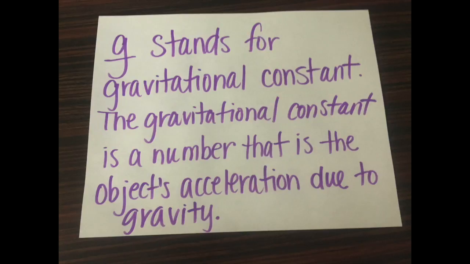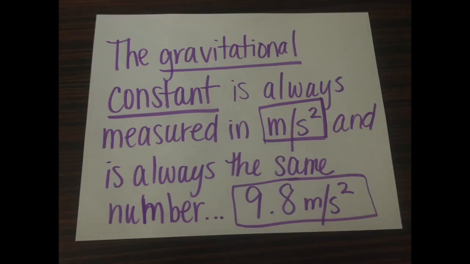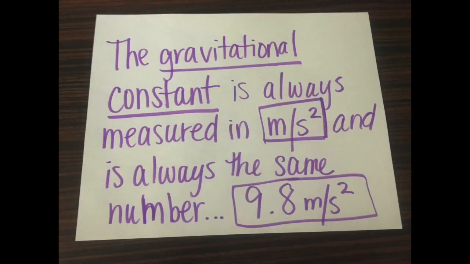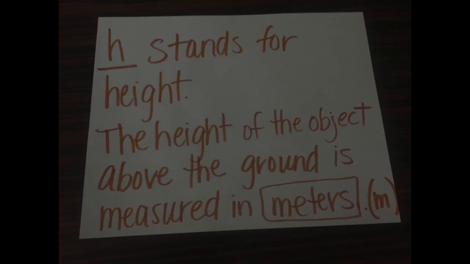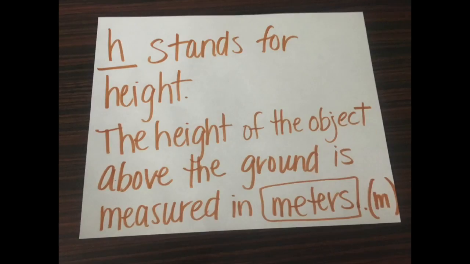The gravitational constant is a number that is the object's acceleration due to gravity. The gravitational constant is always measured in meters per second squared and is always the same number, 9.8 meters per second squared. H stands for height. The height of the object above the ground is always measured in meters.